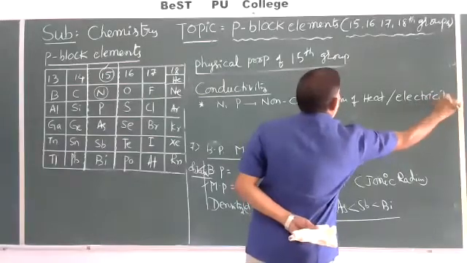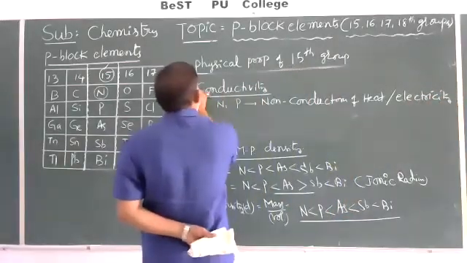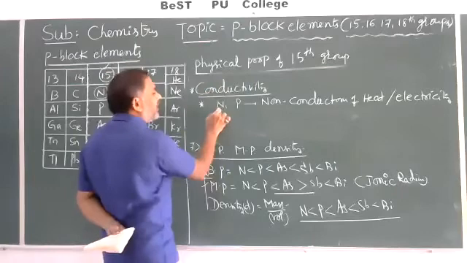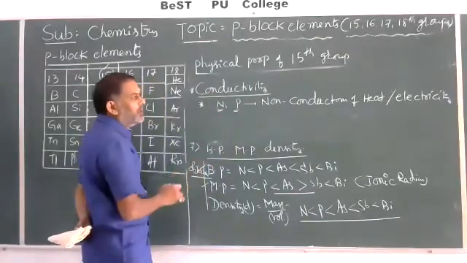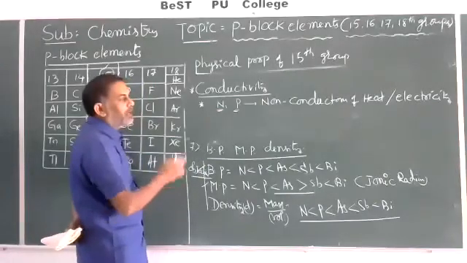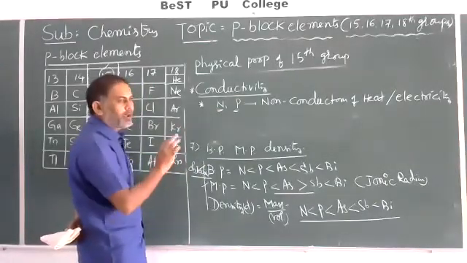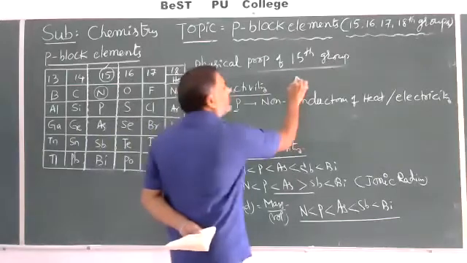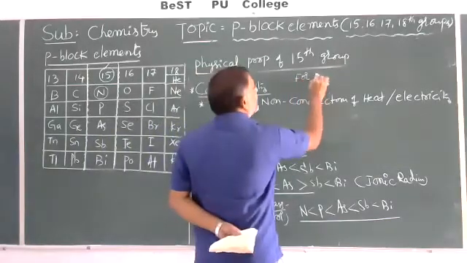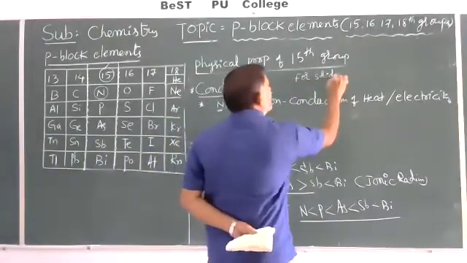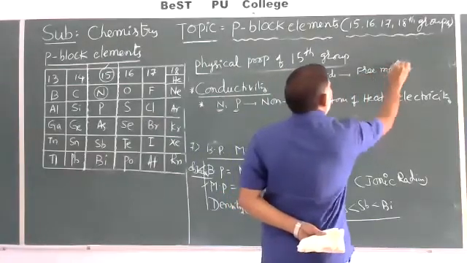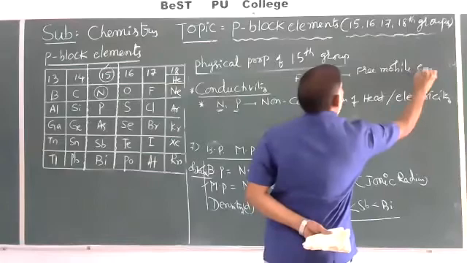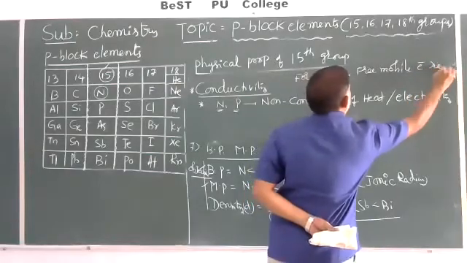Conductivity means the capacity of an element or material to conduct electricity due to the presence of free mobile electrons or free mobile ions. For solids, free mobile electrons are required.